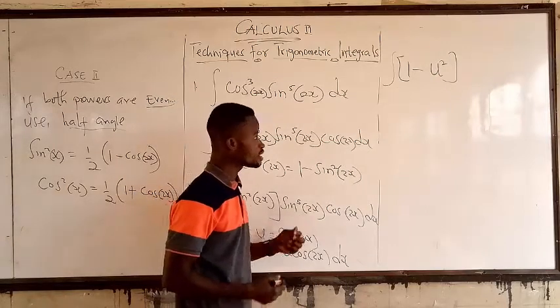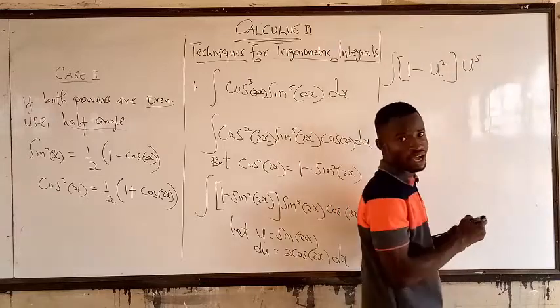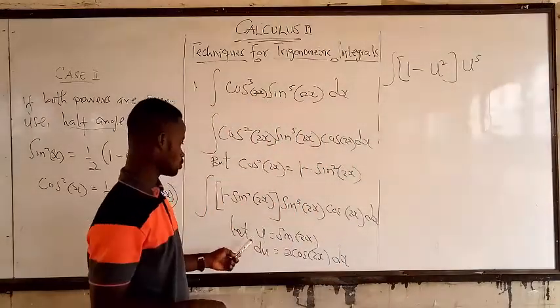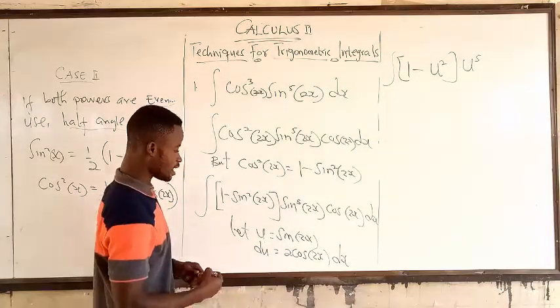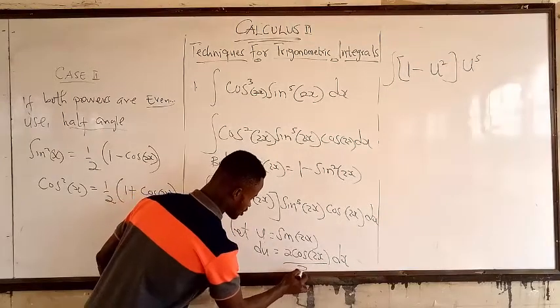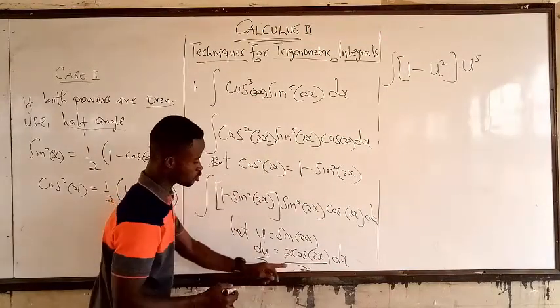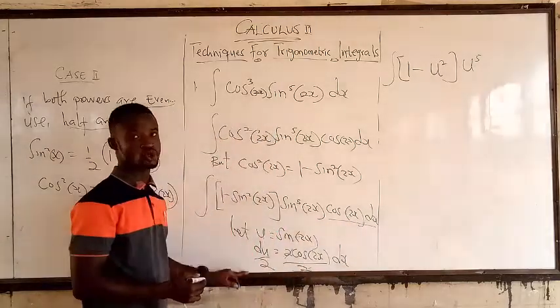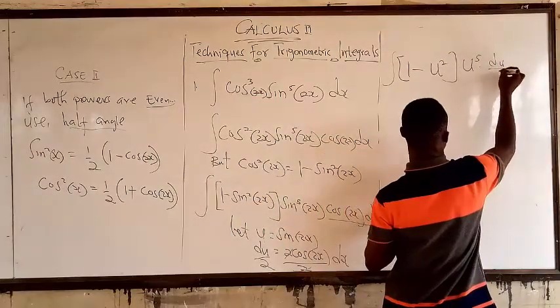Then here we are going to get times u raised to the power 5. The whole of this is du over 2. Let's cancel this.